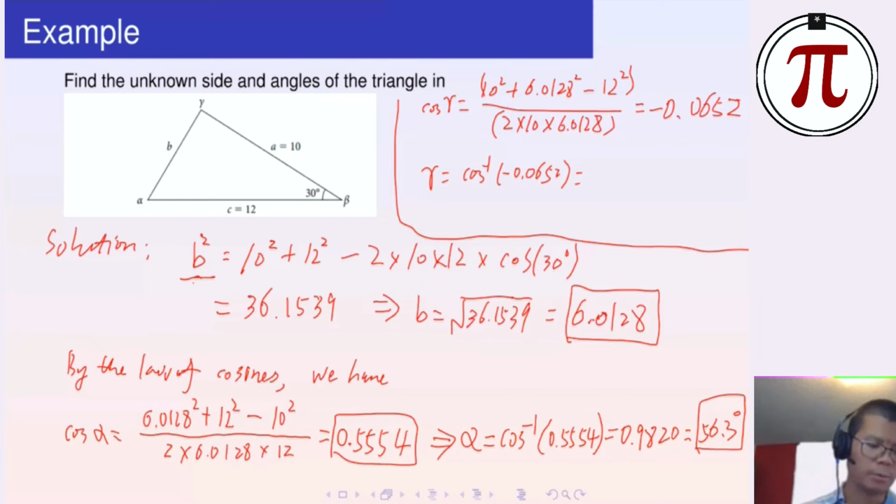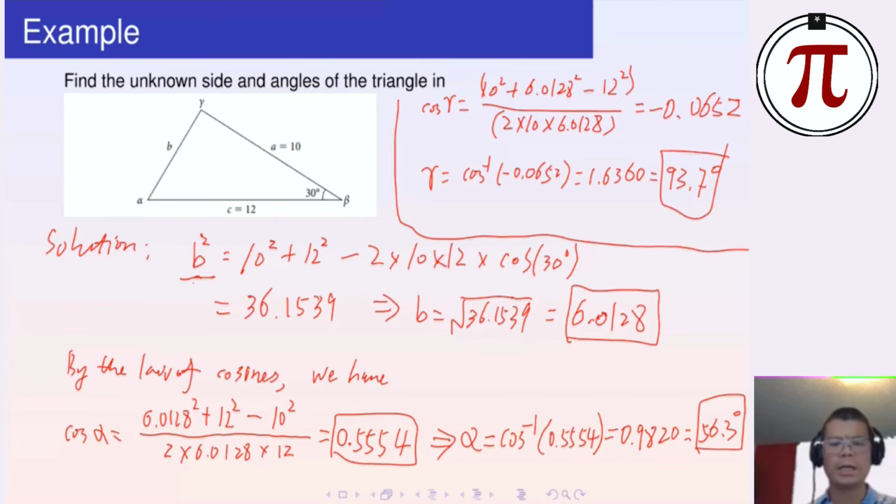Very good. 1.6360, and then change it to degrees. That's times 180 divided by pi. What did you get? 93.7 degrees.